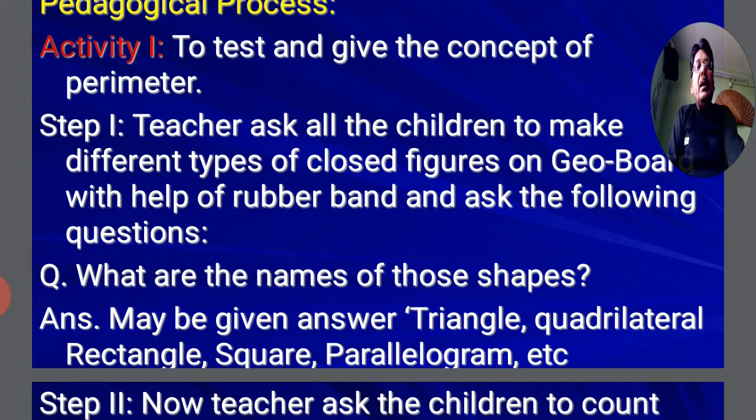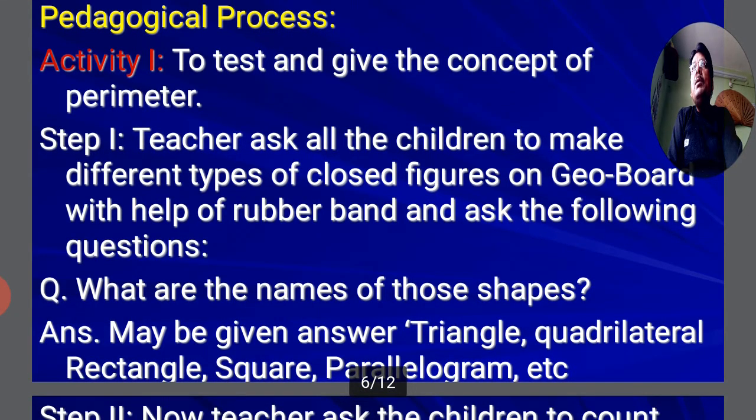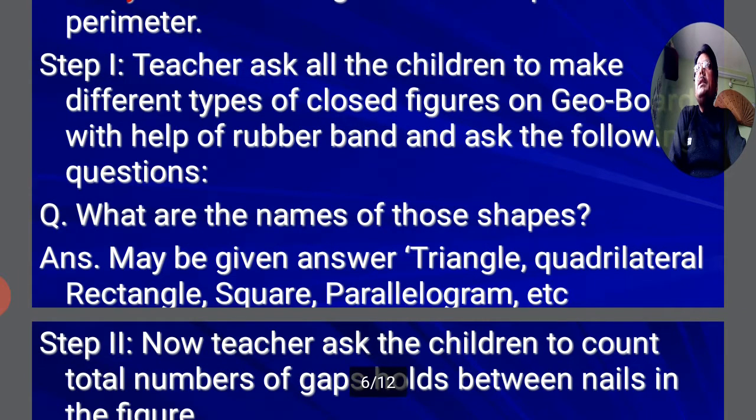So with the help of the rubber band, students will make different types of shapes. After that the teacher will ask the question: what are the names of those shapes? Then obviously from the children's side answers will come: triangle, quadrilateral, rectangle, parallelogram, etc.